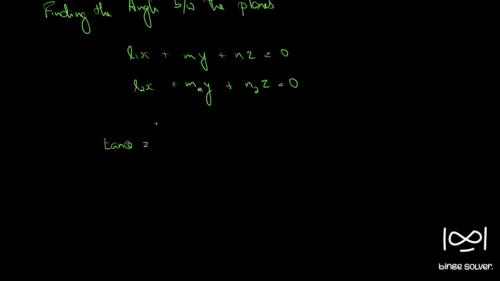Tan theta for such planes is given by the square root of the sum of (M1 N2 minus M2 N1) the whole square, divided by L1 L2 plus M1 M2 plus N1 N2.